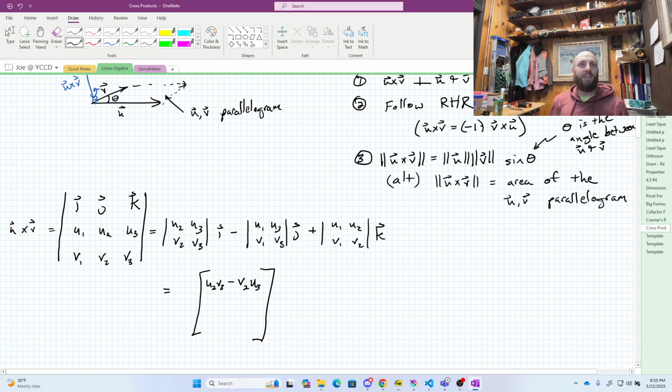Then the second is minus, u1 v3 minus v1 u3. And in our last coordinate, u1 v2 minus v1 u2.